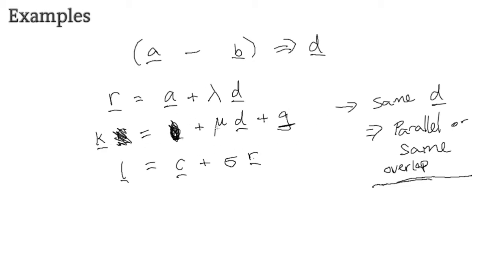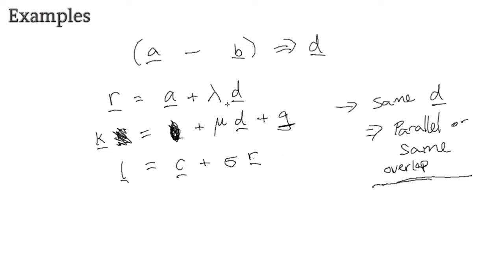Now I've covered the same direction vector formats. Let's look at R and L instead this time. We've got A and C. We've got lambda, sigma, which means that they should normally not be the same. We've got two direction vectors D and R that are not the same.